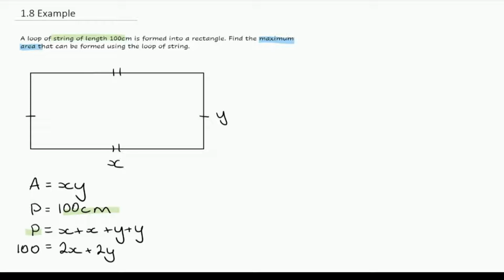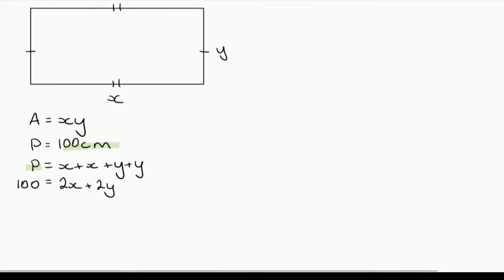What I can do now is rearrange this equation so that it's in terms of only x or only y. I'm going to rearrange so that I get y by itself. So 2y is equal to 100 take 2x, and dividing both sides by 2 gets me y is equal to 50 take away x.